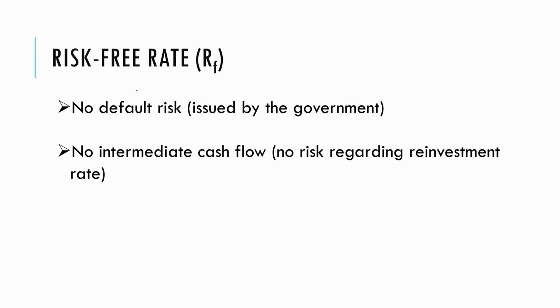The first one is the risk-free rate. What is the risk-free rate? Suppose you are investing and you are not interested in taking any risk, and still you will not get zero return. Conventional wisdom says that if I don't take any risk, then my return should also be zero.